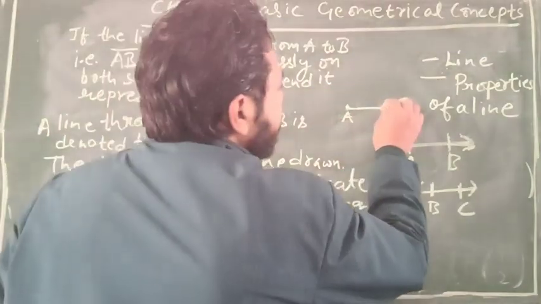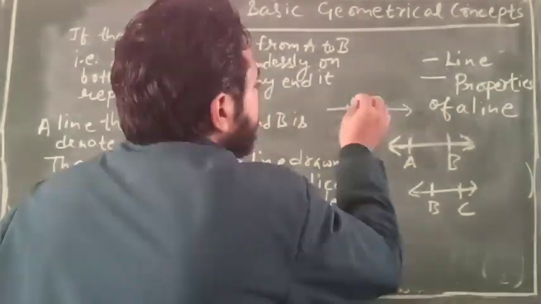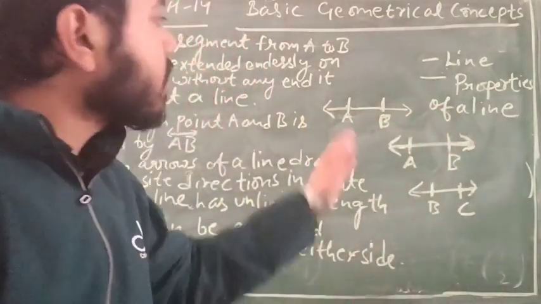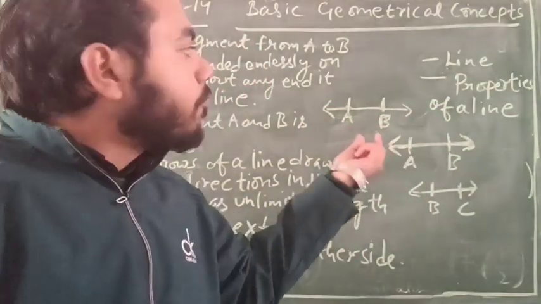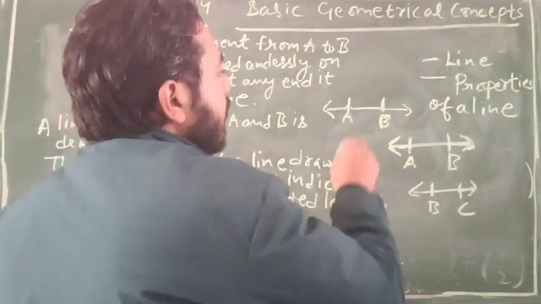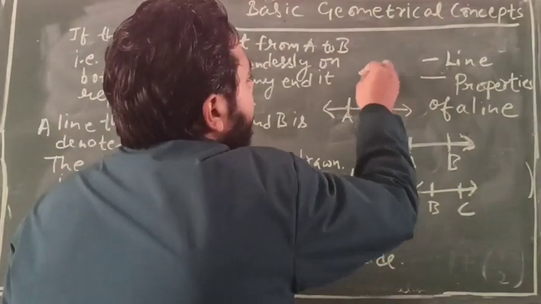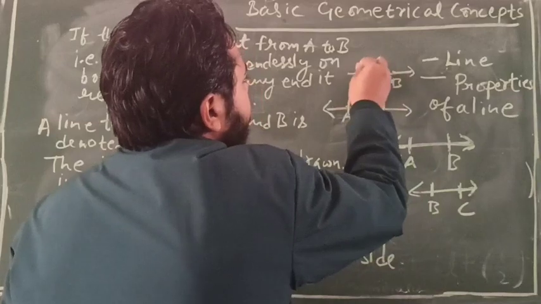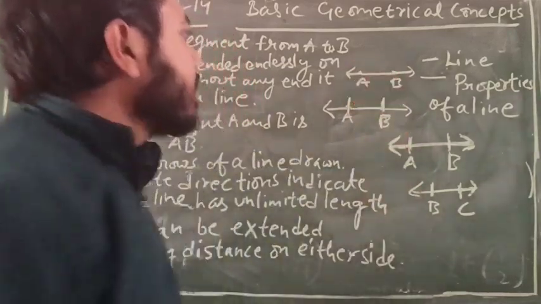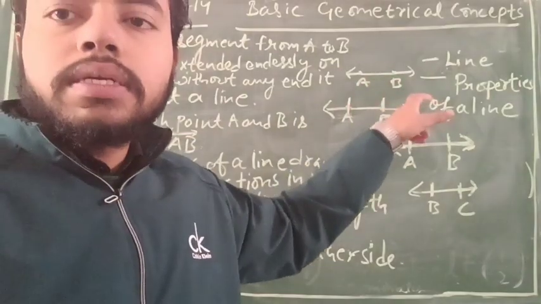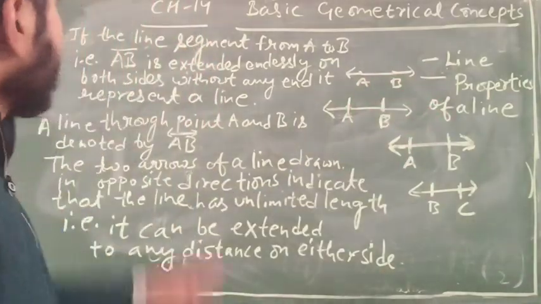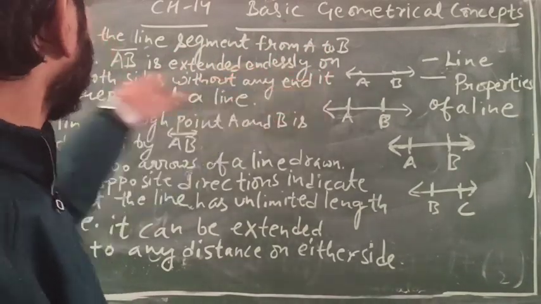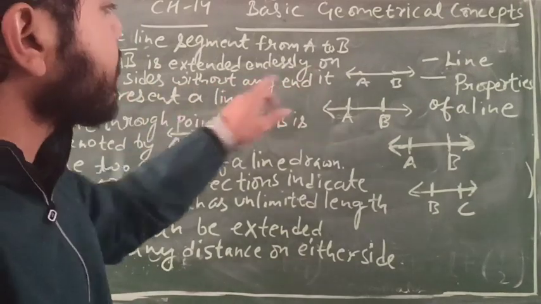When the line segment AB is extended in both directions, it will convert into a line.